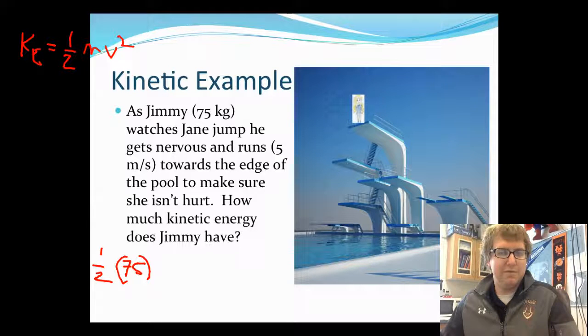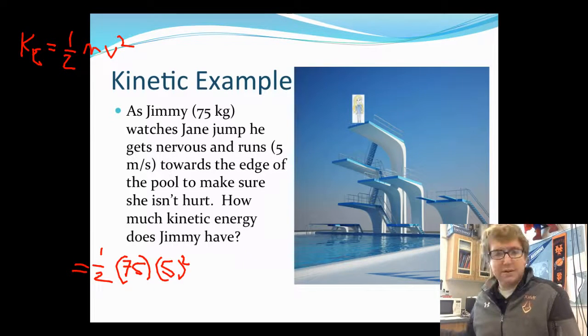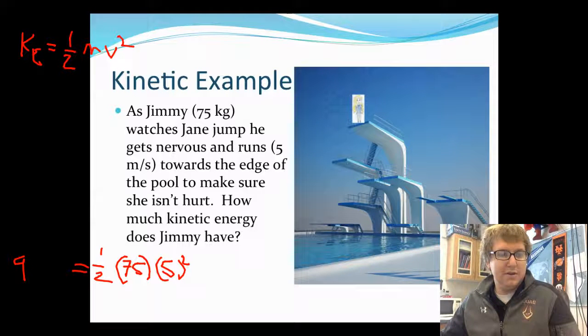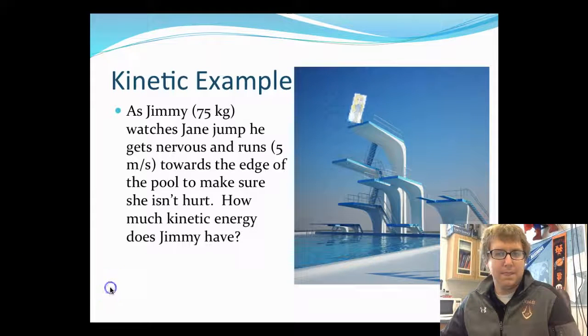Its velocity is 5 meters per second, which is exactly what we need it in, so times 5 squared. We solve for that, and that comes out to be 937.5 joules. There she goes, Jimmy running to save her.